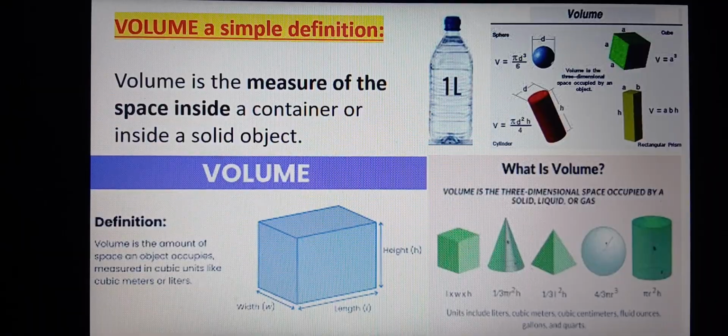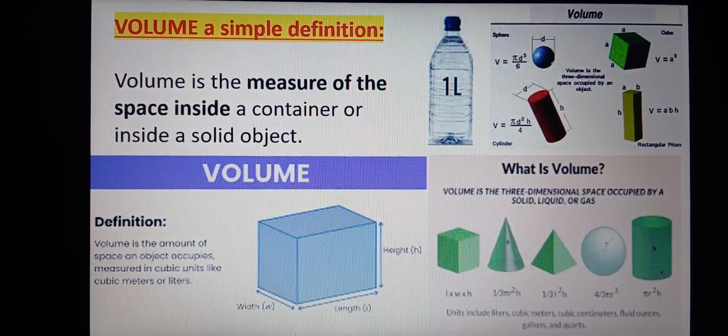A simple definition for volume is that volume is the measure of the space inside a container or inside an object. You can see a lot of different objects in front of you there, boxes, pyramids, bottles. Each one of these shapes has got a certain volume.